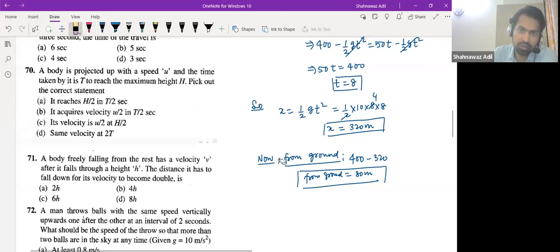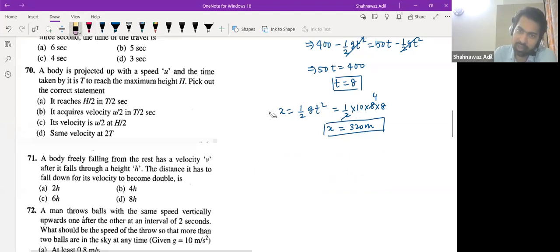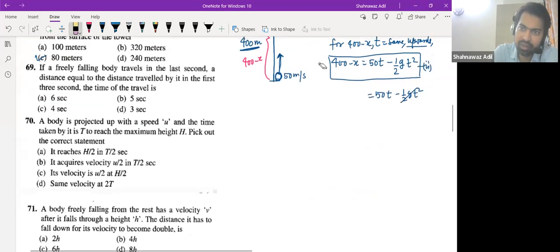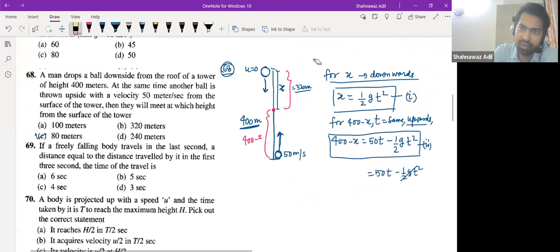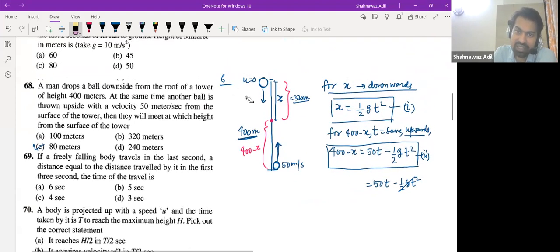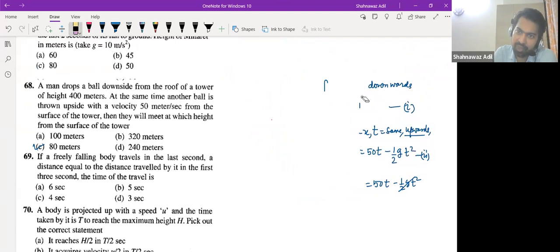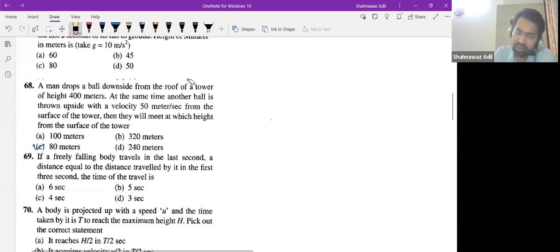Okay, so now let us do the next question. But before we do that, do you remember the fourth equation of motion? The distance traveled in the nth second, do you remember that? We did that at some point. Yes, sir, we did. Do you remember the formula for that?